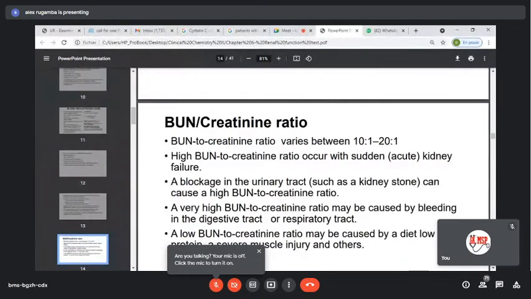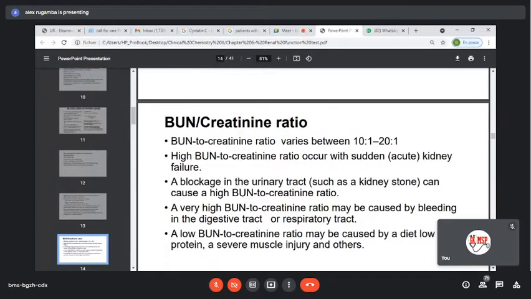So you also have to calculate the blood urea nitrogen to creatinine ratio, as it is an indicator of renal failure. The level is this one you're seeing here, and a high blood urea nitrogen to creatinine ratio occurs with certain acute kidney failure. A blockage in the urinary tract, such as a kidney stone, can cause a high blood urea nitrogen ratio.